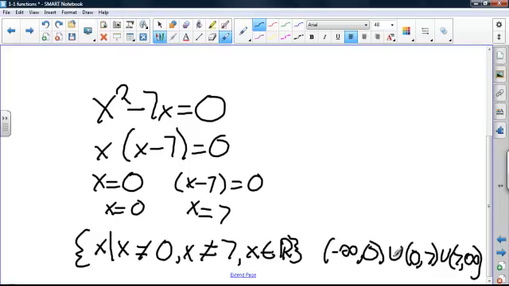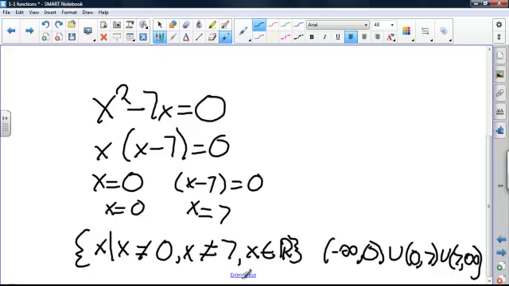What this union says is it stops and then starts again, and then stops and then starts again, and keeps going on forever. Okay, set builder, interval. Your answer has to be one of these two if it's asking for the domain. We will talk about range at some other time.